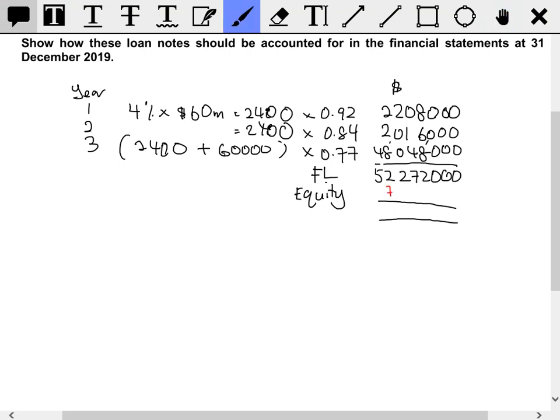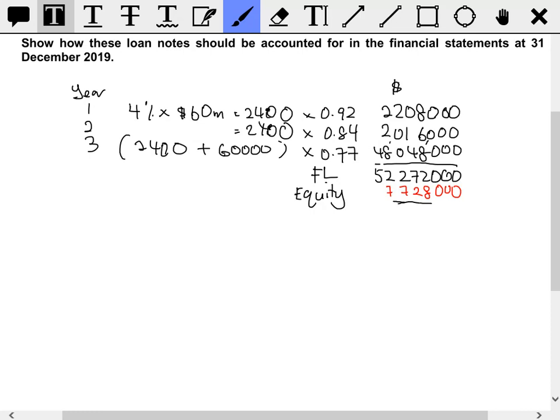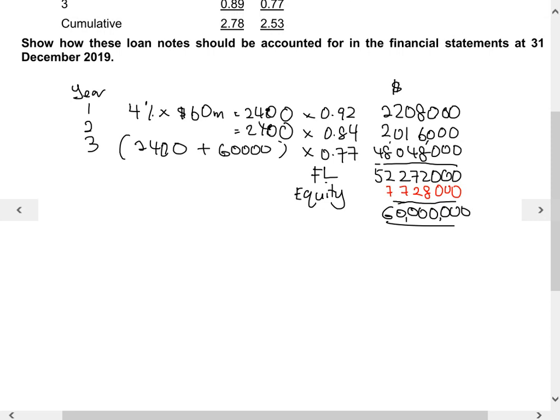A loan without a conversion option is 9%. 9% on 52,272 will be 4,704.